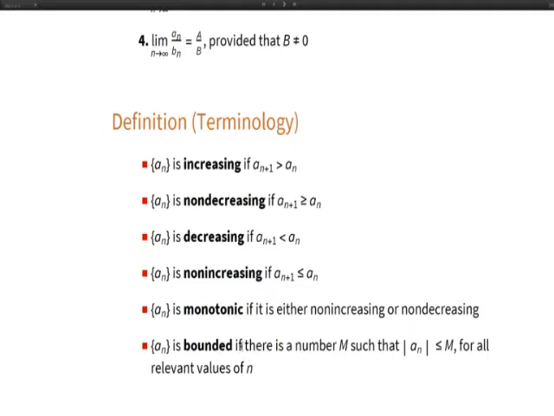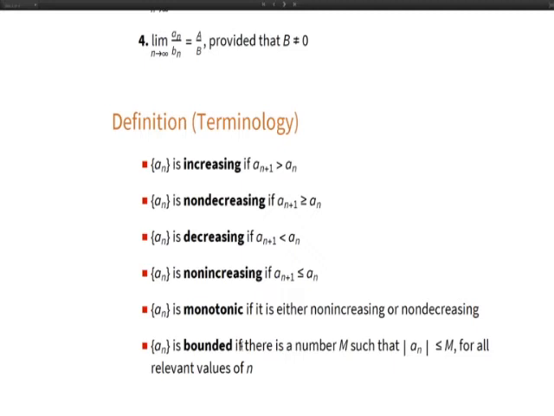A monotonic sequence is just saying it has to trend upwards always or trend downwards always. Now, the reason monotonic is important is because of this next definition, bounded.